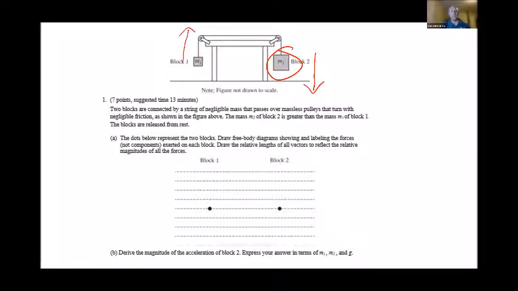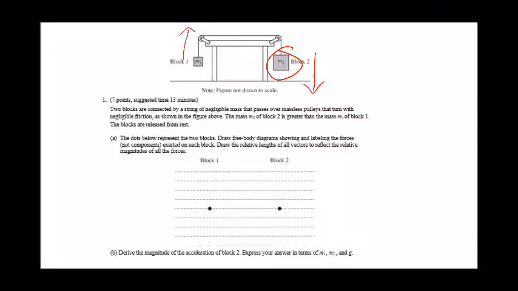So let's look at block 1. If you think about block 1, we really have two main forces acting on that block. Someone unmute and tell me what the forces are that we need to show in our free body diagram for block 1. Don't be bashful. For block 1, what are the forces we need to show?